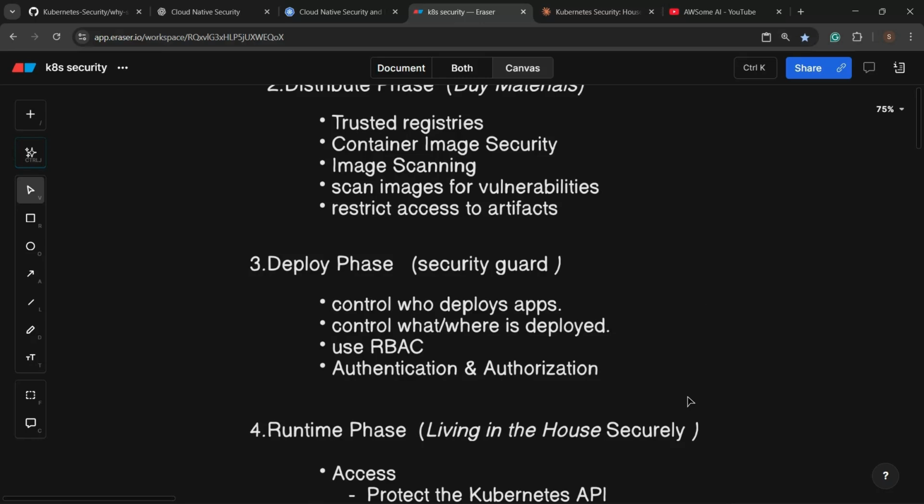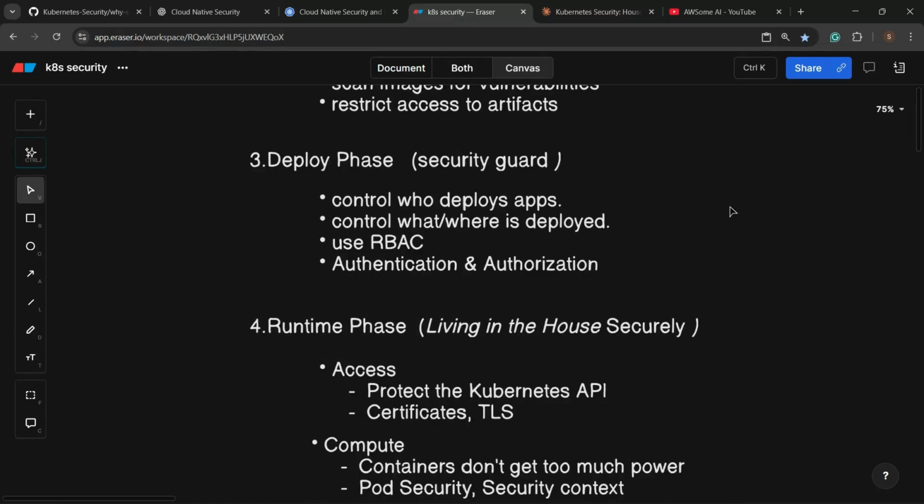Like only the members from the prod group can access the production environment resources. No other users can access that. You should always use RBAC, which is role based access control, which applies authentication and authorization for your Kubernetes. So using RBAC is very much necessary to give security for your Kubernetes cluster. So this is your deploy phase.